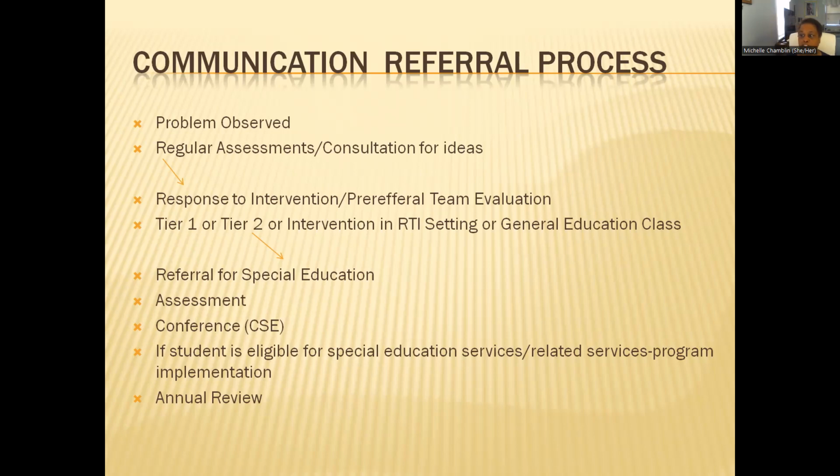In a lot of schools, we have interventions in general education that are already a part of the school structure. And so we might have tier 1 or tier 2 interventions in the general ed class, and we might implement those. And then after implementing those, you might have a student for whom the problem is still there. And then we might move forward with a referral for special education.